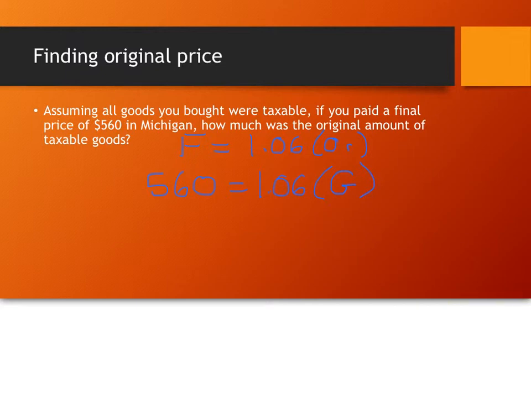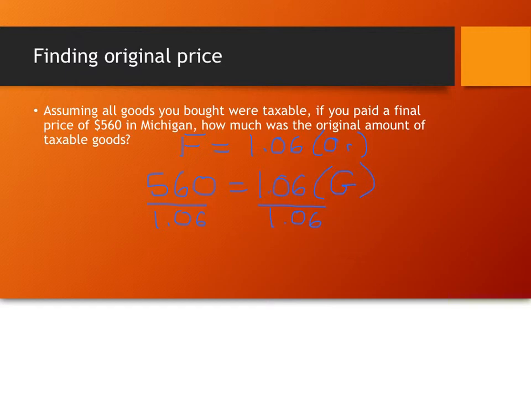So if you remember back to your 104 or to your basic math class, 1.06 times G, to solve this equation, we can divide both sides by 1.06. I expect you guys to type that in your calculator. And then you are going to have, again, a little bit of rounding to do.